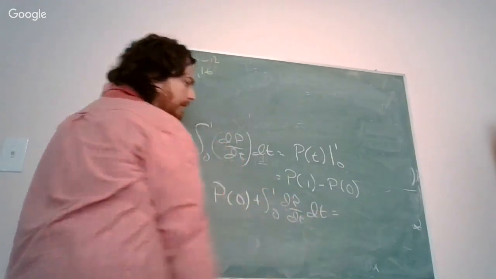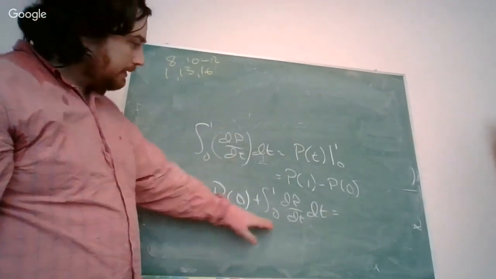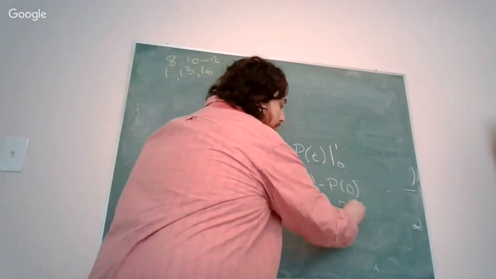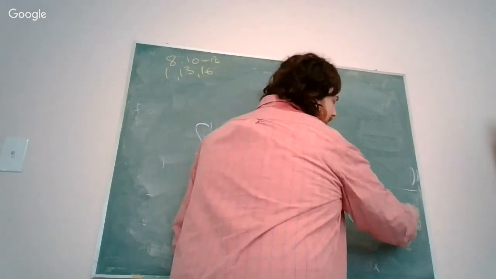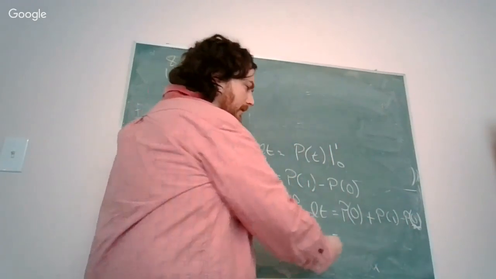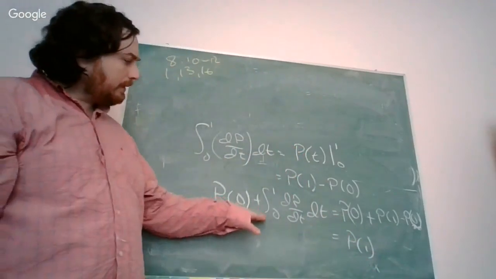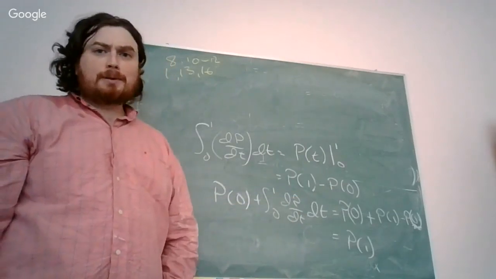What does that represent? Well, if we follow the same argument, we just said this was p of 1 minus p of 0. So just plug that in: p of 0 plus p of 1 minus p of 0. The population at time 0 cancels. And so the population at time 0 plus the integral from 0 to 1 of dp dt is just the population at time 1.